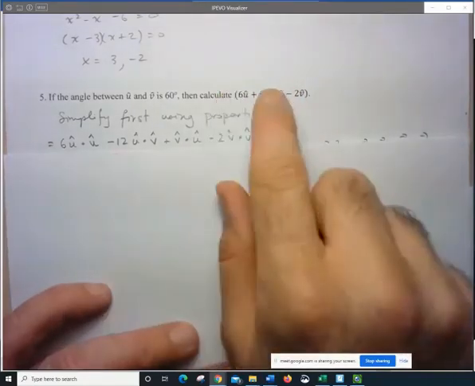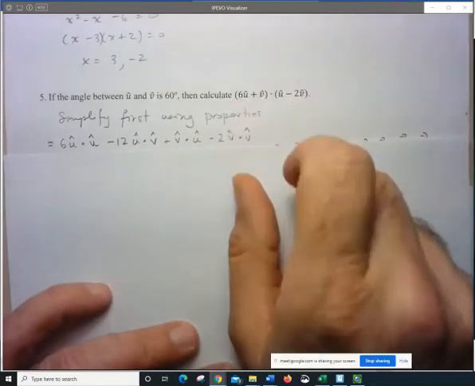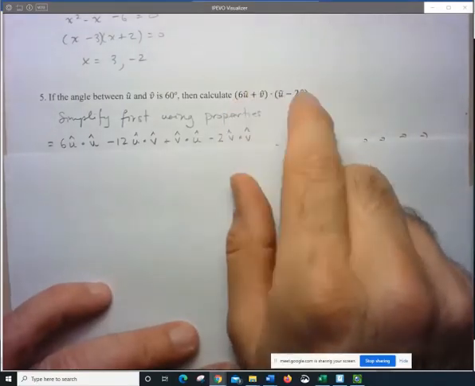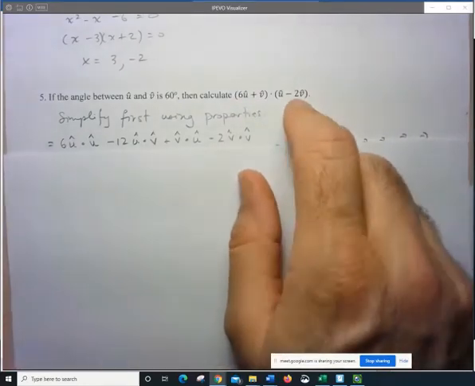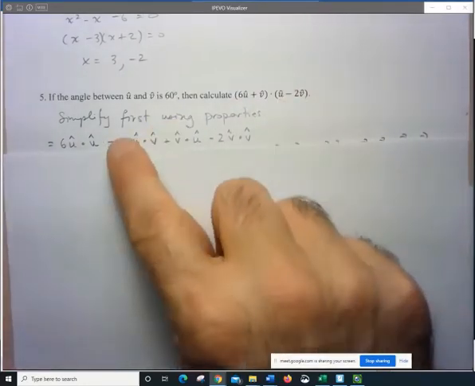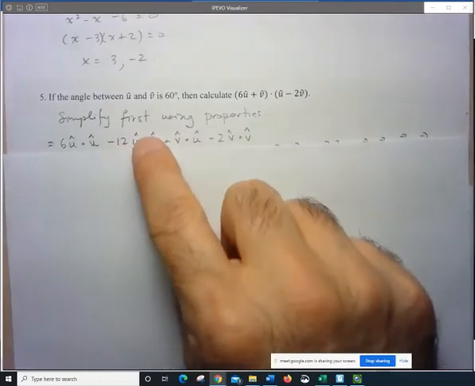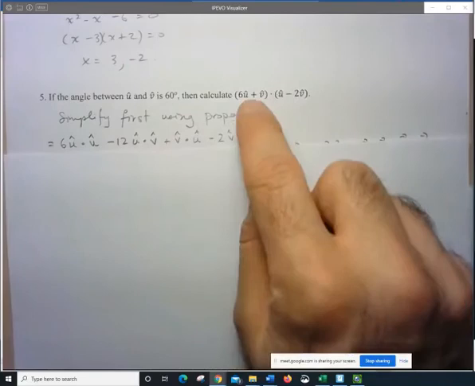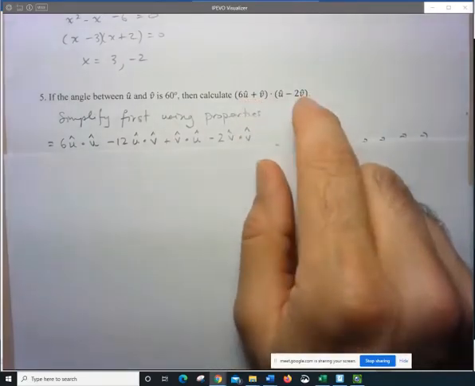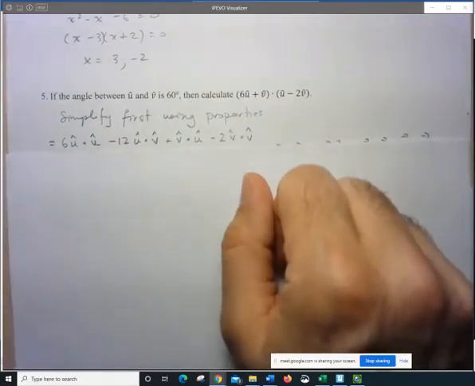And then I keep going, 6u dot negative 2v. Now remember, the order in which I do these from that first property we proved doesn't matter. So that allows me to write it as negative 12 u dot v. Here we've got plus v dot u, and then minus 2 v dot v.